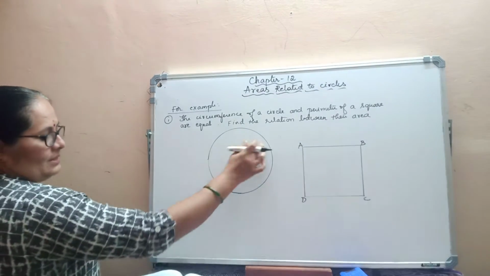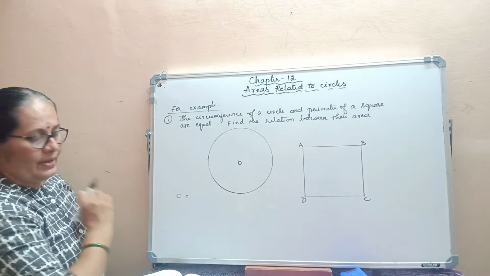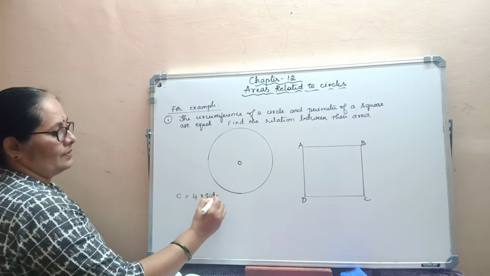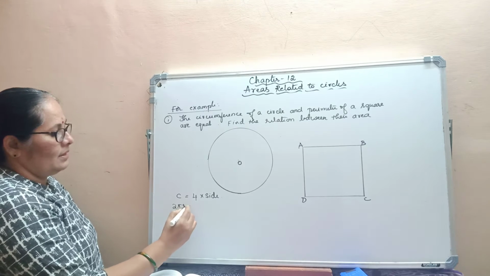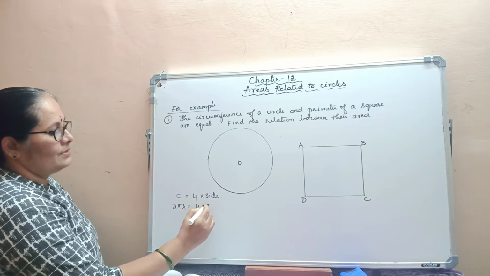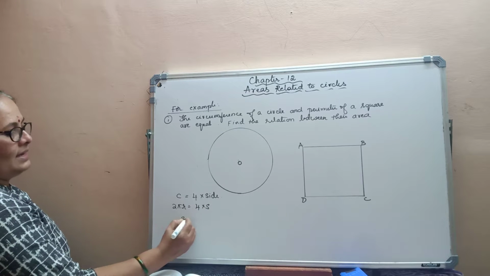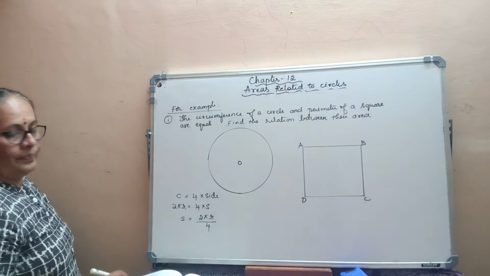The circumference of a circle C equals the perimeter of the square, that is 4 into side. What is the circumference of a circle? 2 pi r equals 4 into side. So now cross multiply, side equals 2 pi r by 4, right?